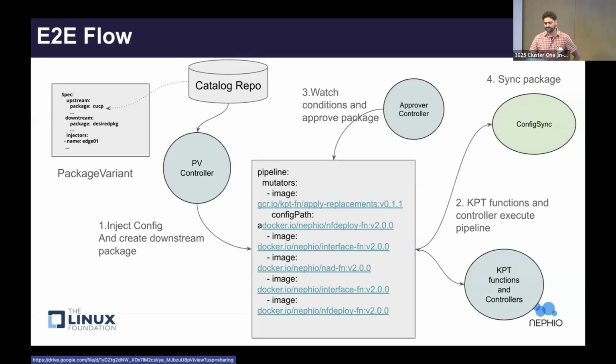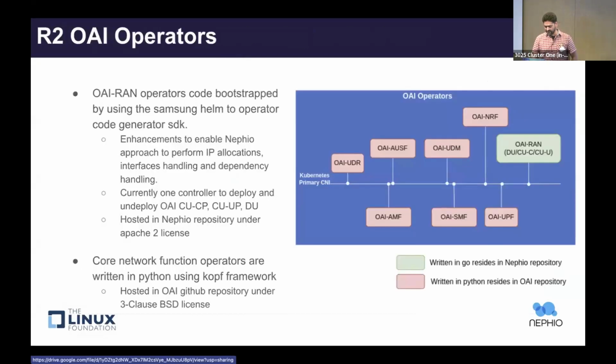About the OAI operators, were they already there? No. So these operators are written in R3, both for the core as well as for the RAN. For RAN, there is one operator which is basically creating all three network functions. It is more of a reference, because it is a step towards the SDK, the SDK for creating these operators.